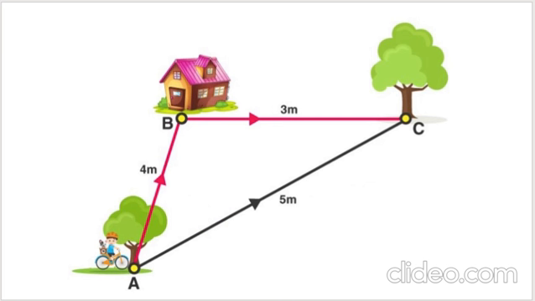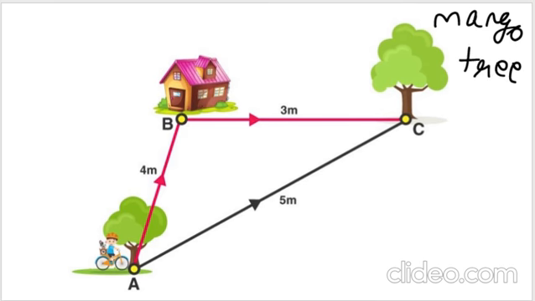Now again, let's take an example. A boy on a cycle wants to go to a mango tree. Okay, this is the mango tree. There are two possibilities. First, he can go from his current position to his home, and from his home go to the mango tree, or else he can go directly from his original position to the tree.